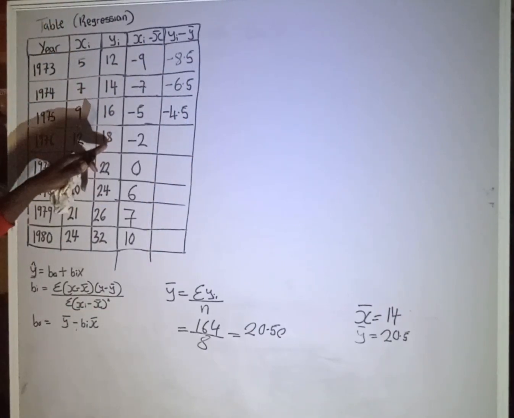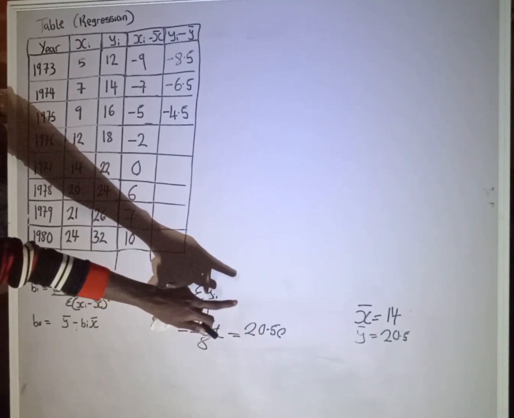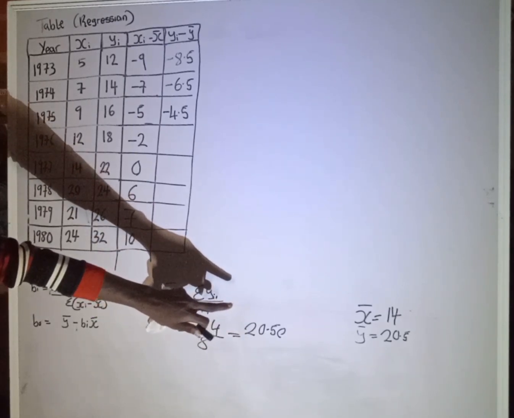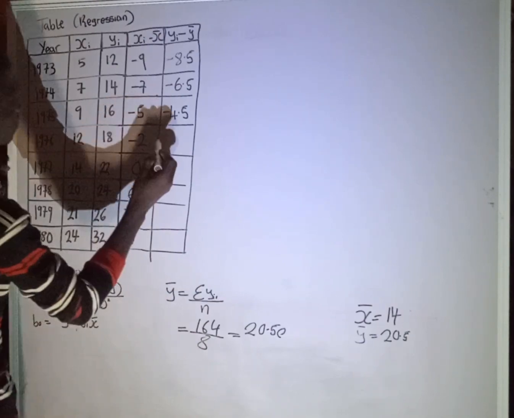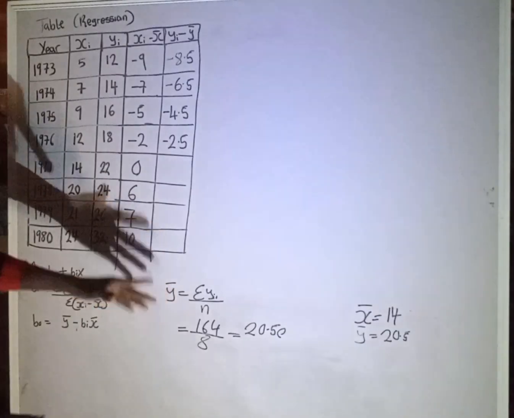Then the next one, I have 18 minus 20.5, which is minus 2.5. So that is how you are going to do for all these rows.